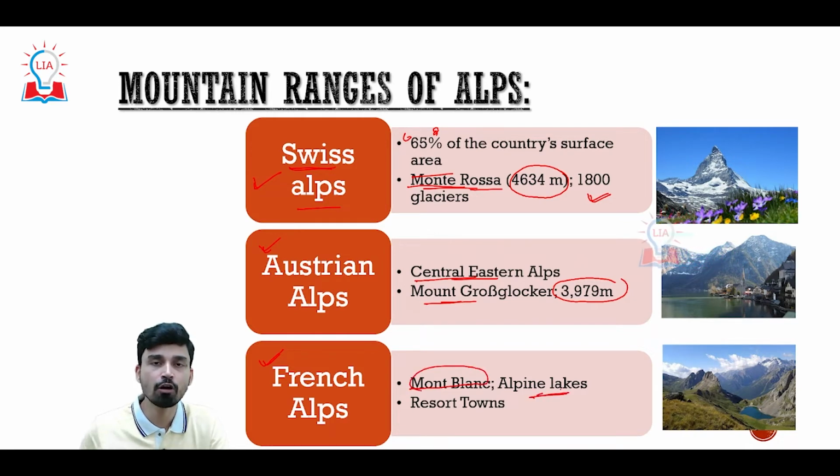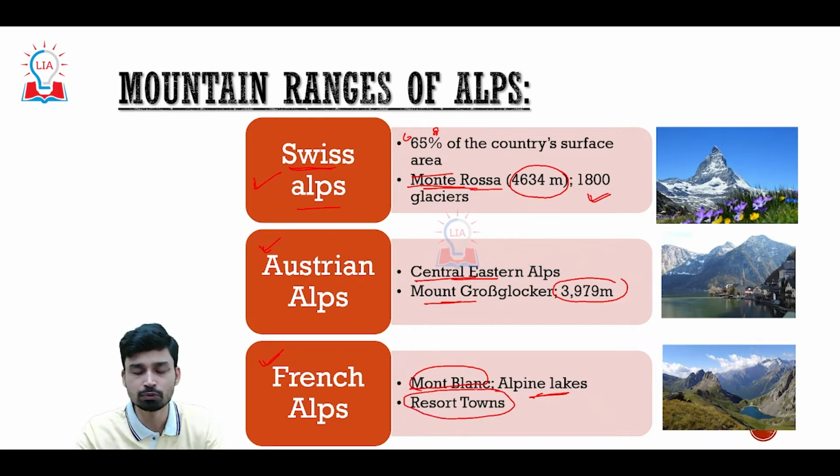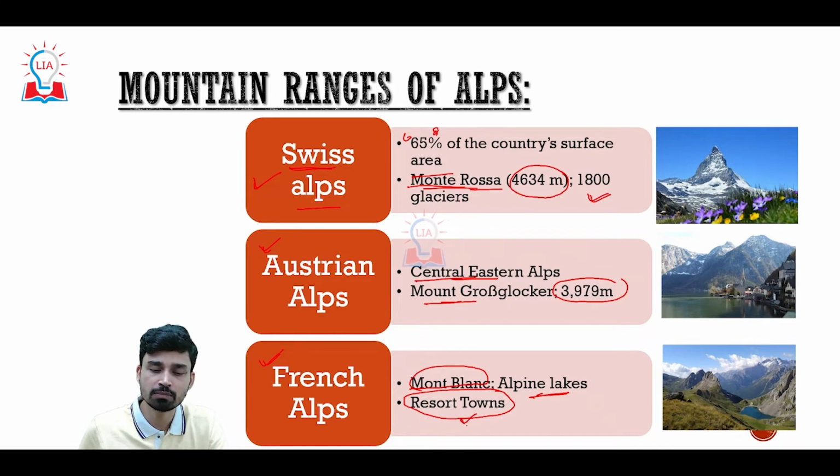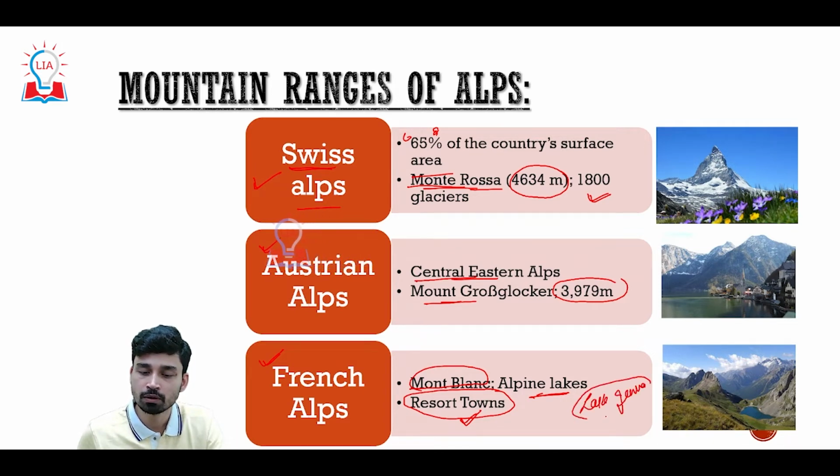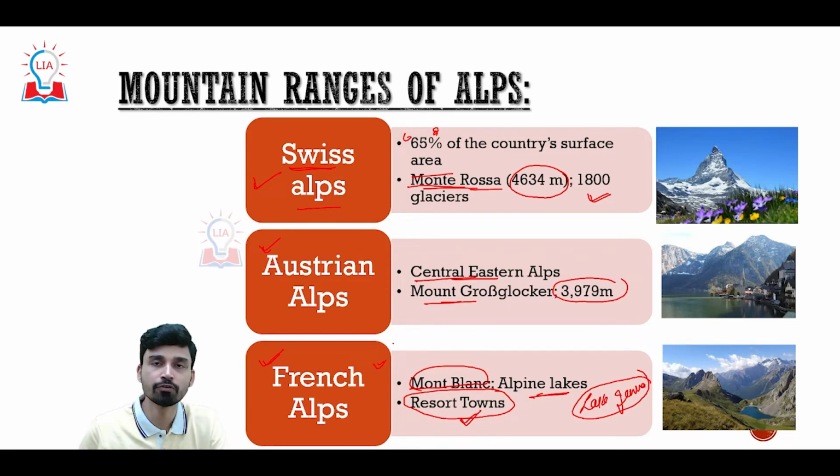This region of the French Alps is very well known for its alpine lakes, the lakes that are situated at an elevation of more than 10,000 feet, and also because of the moderate climate at all times of the year. The French Alps are also well known for the development of a large number of resort towns. The most important lake here is Lake Geneva, and the town of Geneva is situated in Switzerland. However, it comes in the territory of the French Alps.